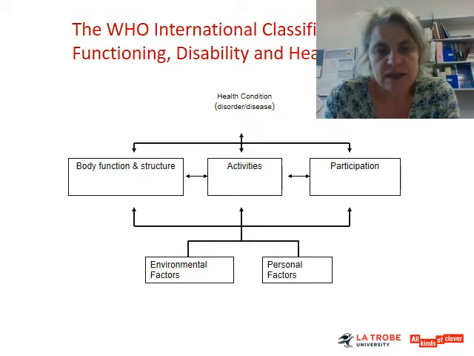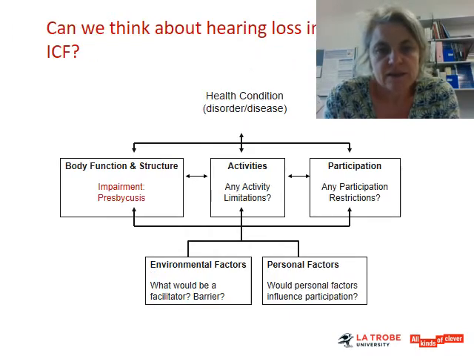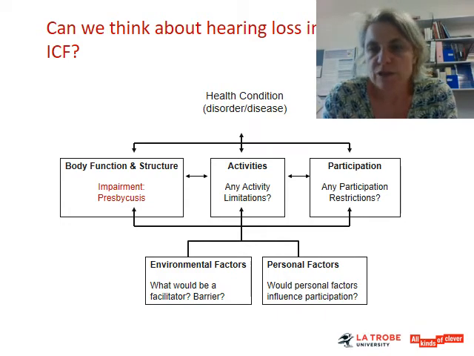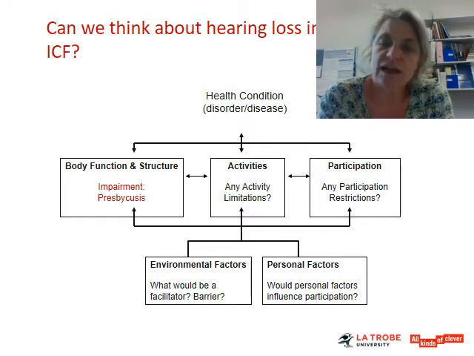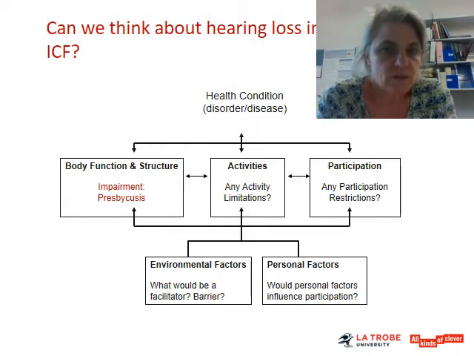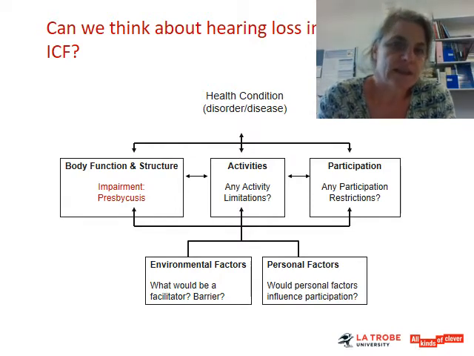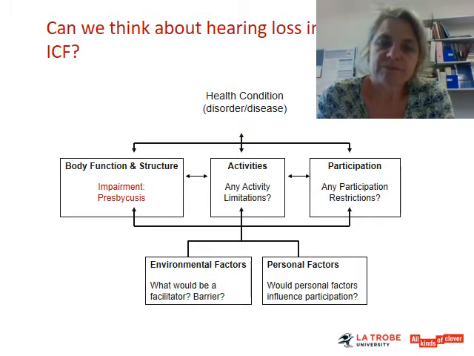So if we say that the impairment is presbycusis, age-related hearing loss, you might want to think about what kind of impact that would have on everyday activities, like having a conversation with a friend, or going out to dinner with a group of friends or family.